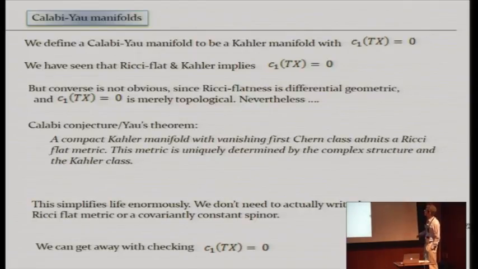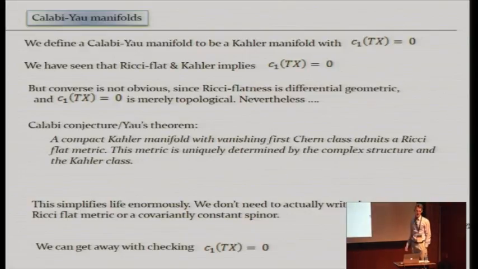And nevertheless, it's true. It's a famous conjecture of Calabi, which was then proven by Yau, the famous theorem. It says precisely that a compact Kähler manifold with a vanishing first Chern class admits a Ricci-flat metric. Moreover, this metric is uniquely determined by the complex structure and by the Kähler class. So this simplifies life enormously.